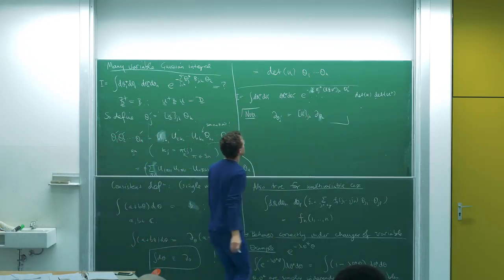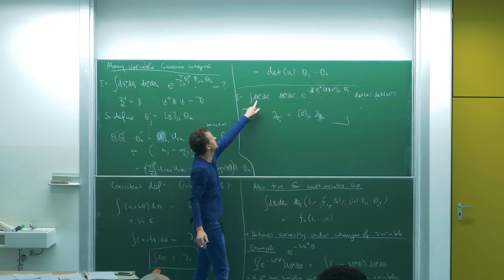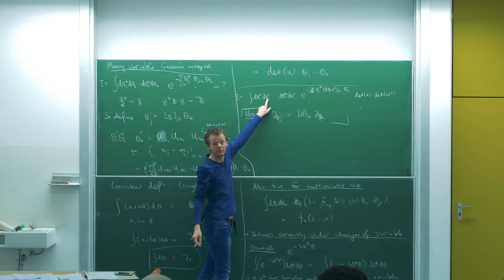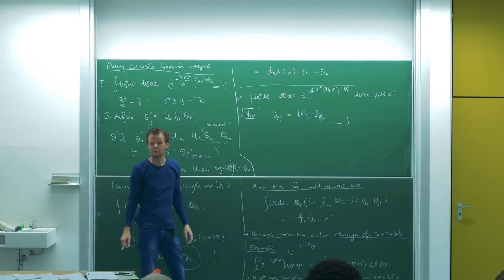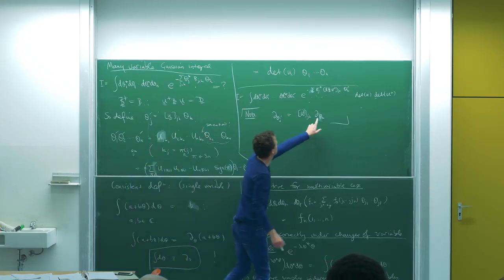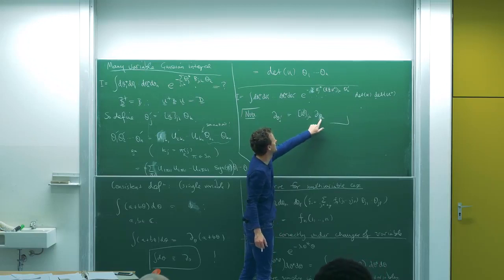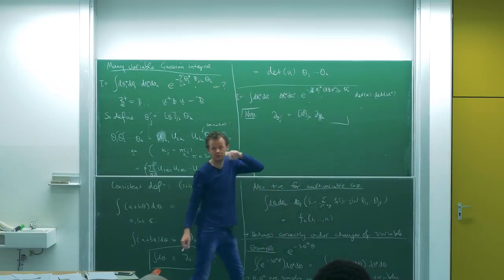Correct. So in order to evaluate this integral, we need to do the integral over the prime variables, but to do that we notice that the derivative with respect to the prime variables is related to the derivatives with respect to the original variables just via that change u.